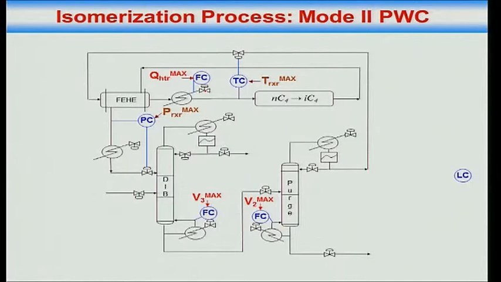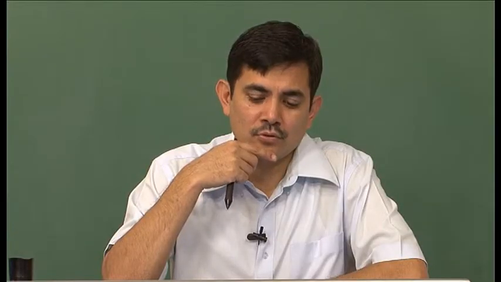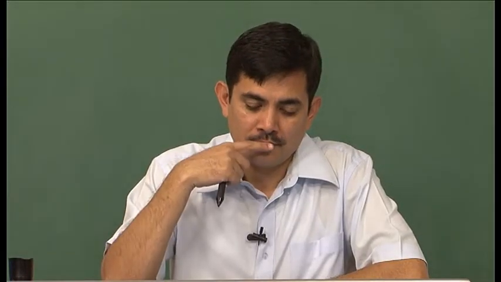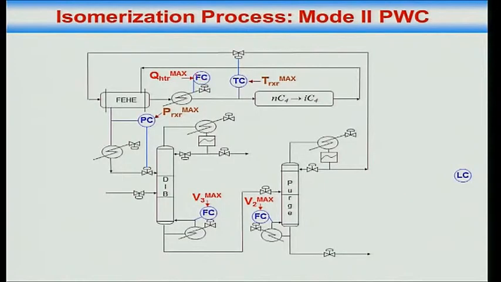But I want that input to be as high as possible because I want to maximize throughput, Mode 2. So that's why we will control the flow this way. I cannot use the heater duty because it is active. Conventionally I would use the heater duty, but because that is active, I don't use it.